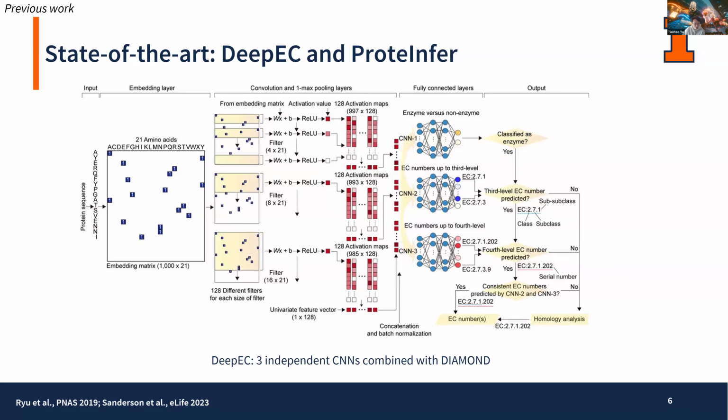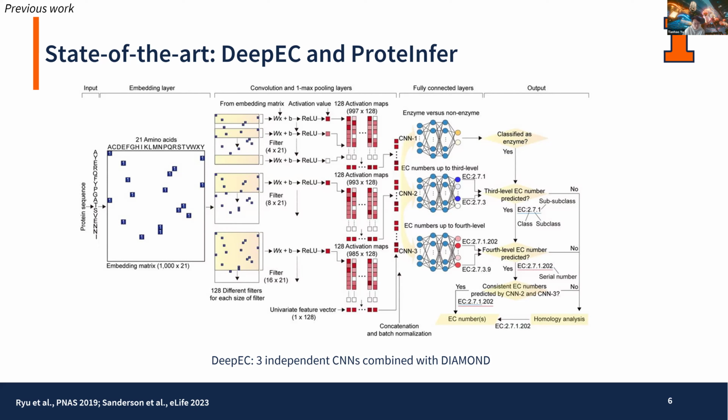Essentially, the way their model works, from left to right, is that they first embed the enzyme sequences into one-hot encoding, and then it is fed through 3 different independent CNNs. The first one determines whether it's an enzyme or not. The second one determines the first 3 digits of the EC number. And the last one is responsible for predicting up to the last digit, so all 4 digits. Then they compare the results of the 3 CNNs.